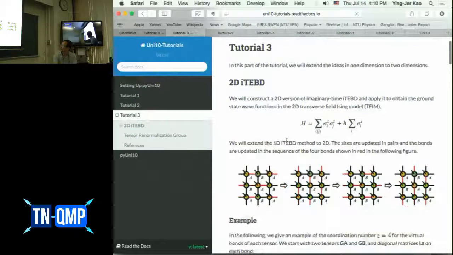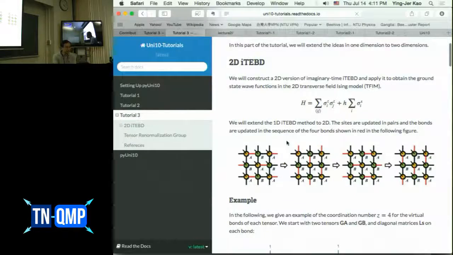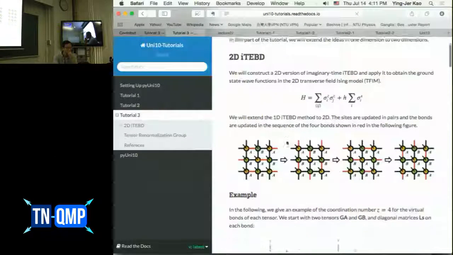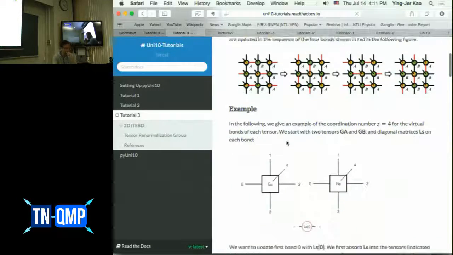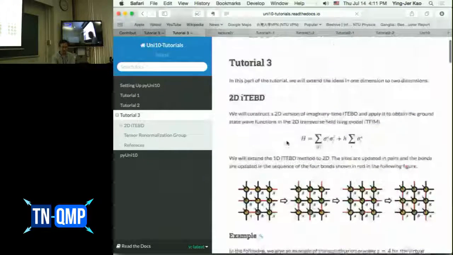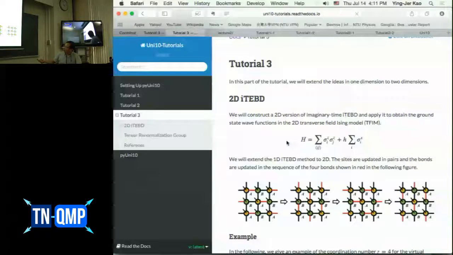Yeah, so this is basically just an example. It's really doing the 2D tensor network. Okay, so we want to update these paths using simple update.